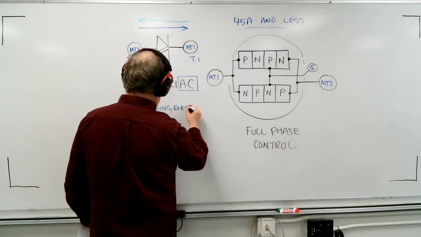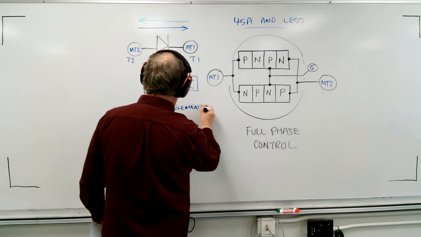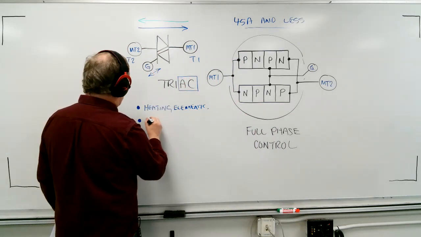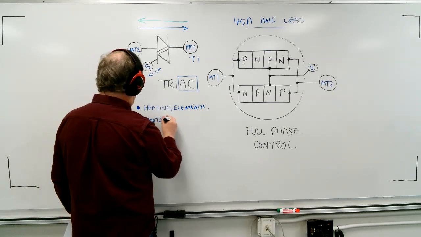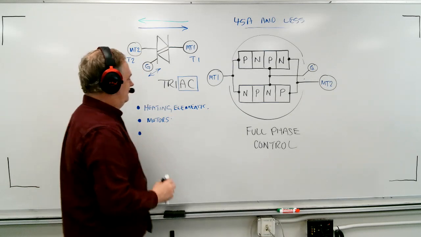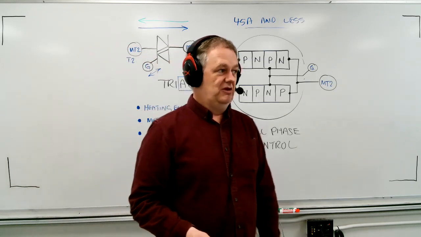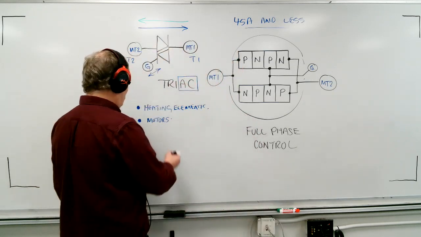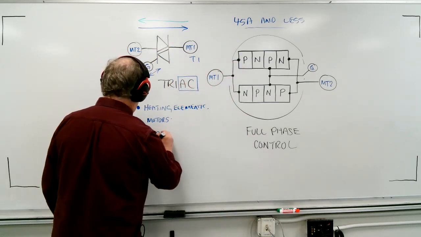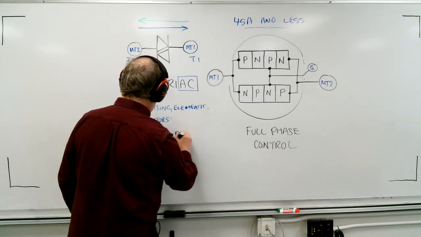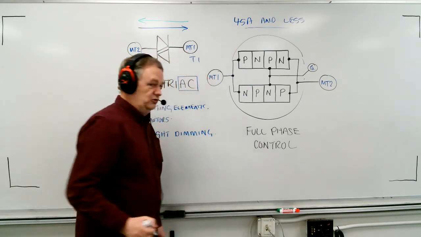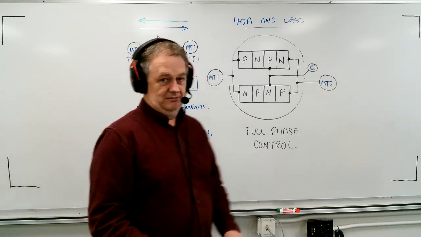And by heating, I mean sort of cooking elements, right? Also used for small motor control, okay, small motors. But one of the largest applications of the triac, and this is a big one, everybody's interested in this stuff, is light dimming. So lighting controls are a huge consumer of triacs, okay?